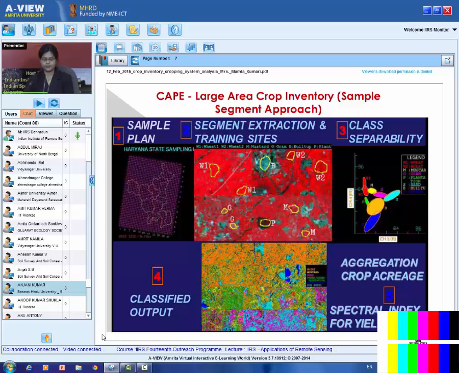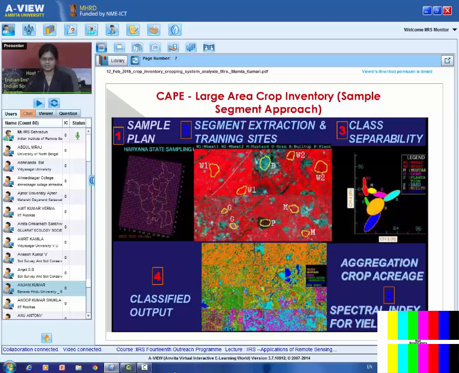Two terms are used. One is precision, another one is bias. Precision tells us about the reliability of the crop acreage estimates we have produced. Reliability in terms of repeatability. So how many times we have got a similar kind of result using the same procedure.